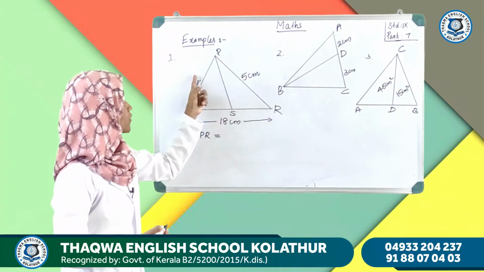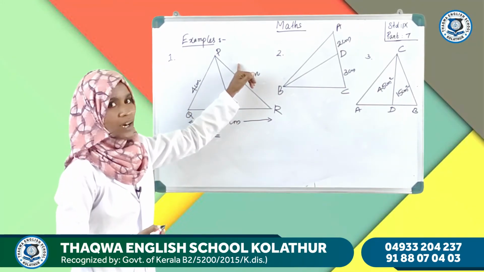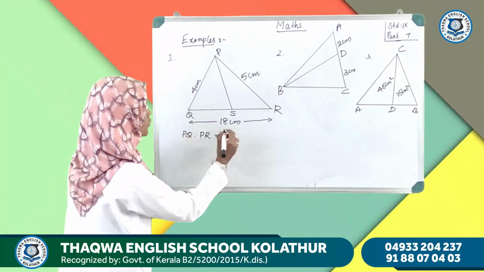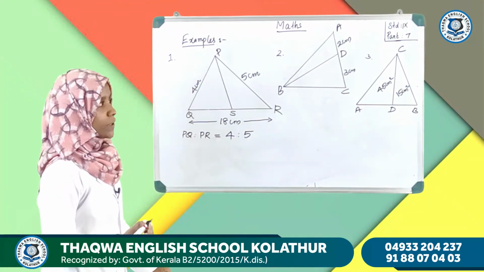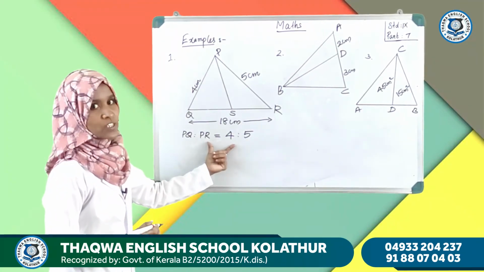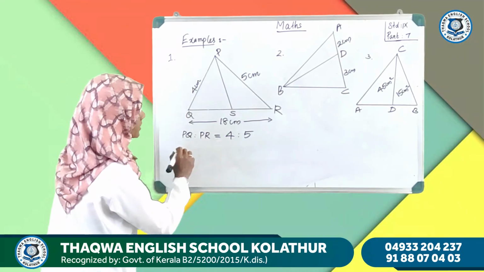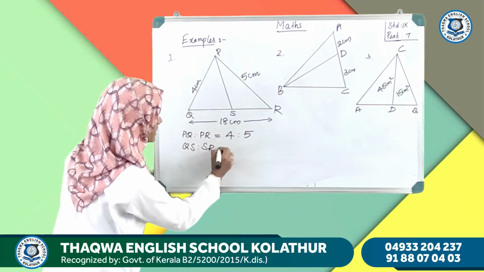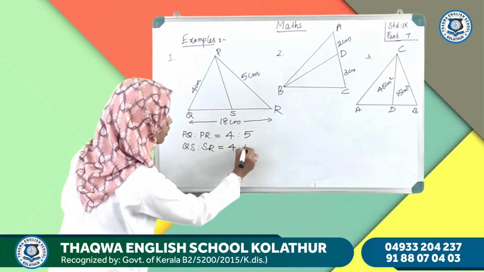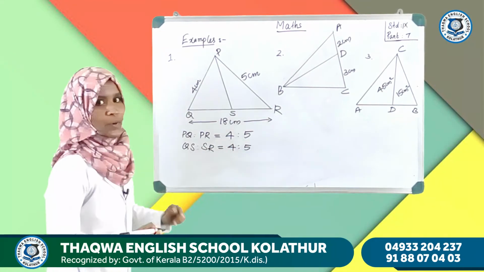So what is the ratio of the sides PQ and PR? PQ is to PR is 4 is to 5. Now by using our result we get QS is to SR is also 4 is to 5.